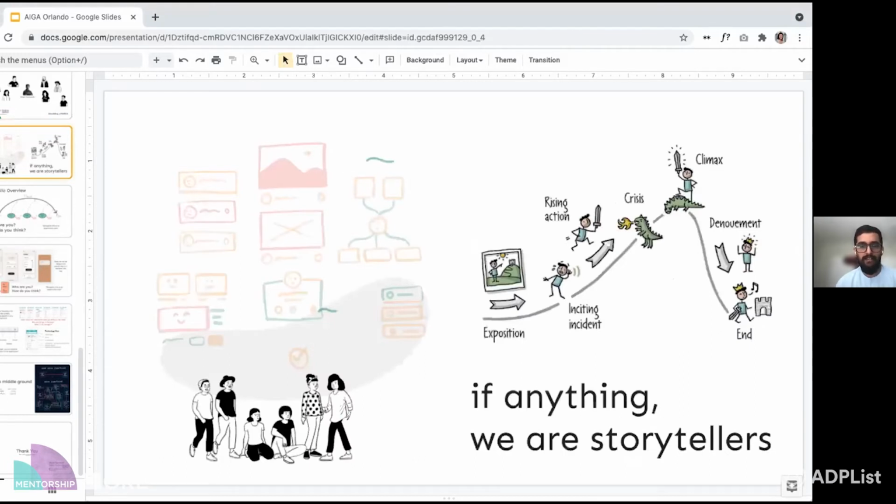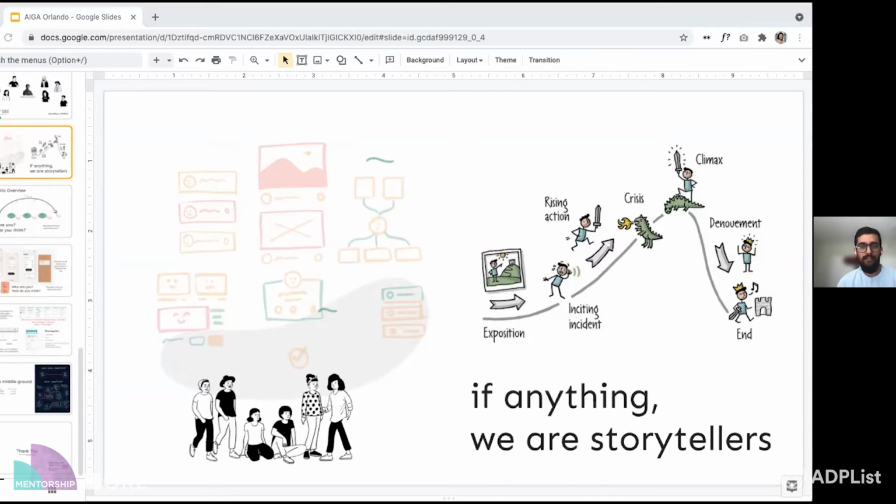So in general, I think as human behavior, we're all storytellers, and anything that's put together in the form of a story registers a lot more strongly in someone's head.